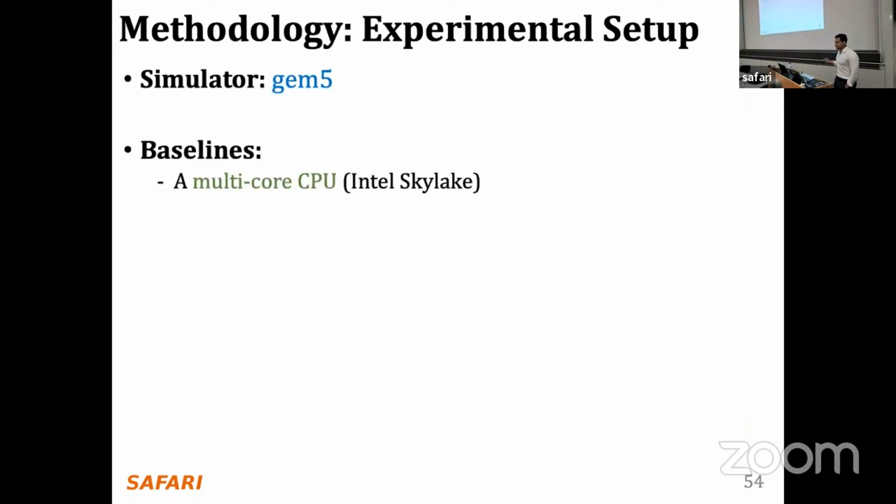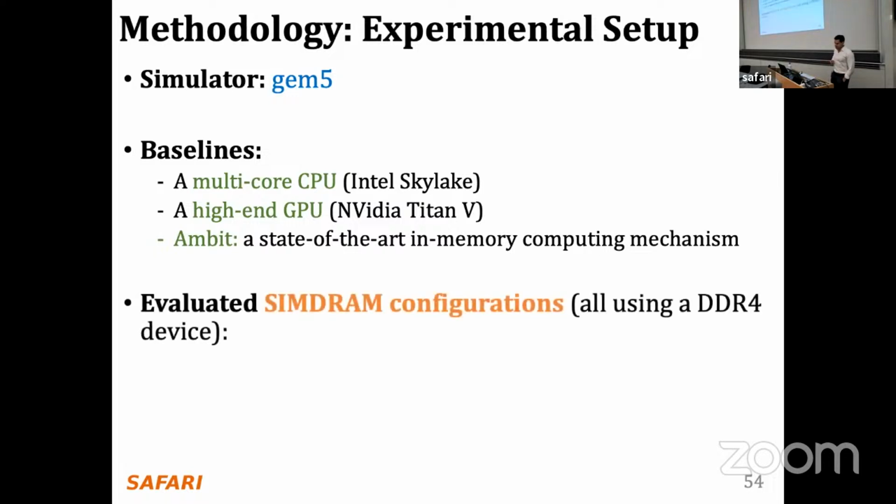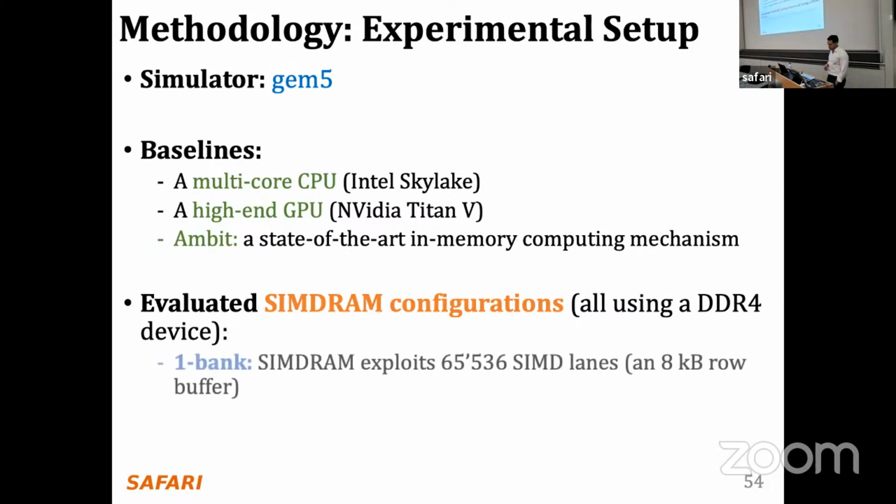So we evaluate SIMDRAM using this CPU simulator called gem5, and we compare it to a CPU and a GPU, and also to doing the same computation following the Ambit format, so using Boolean AND and OR operations.